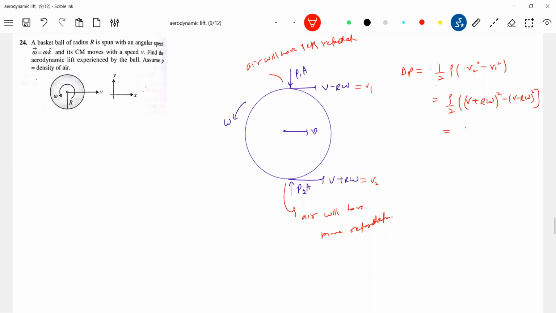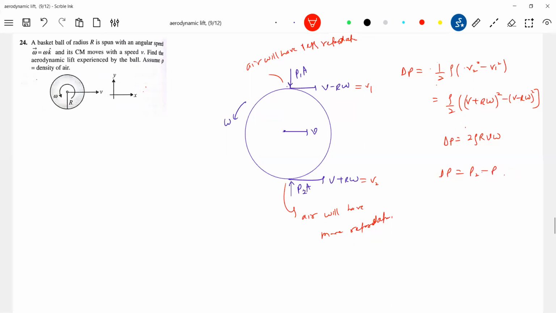All together, this will become 2 rho r V omega. This is the pressure difference. What is that delta P? P2 minus P1.